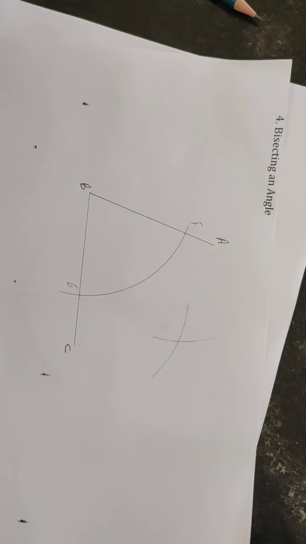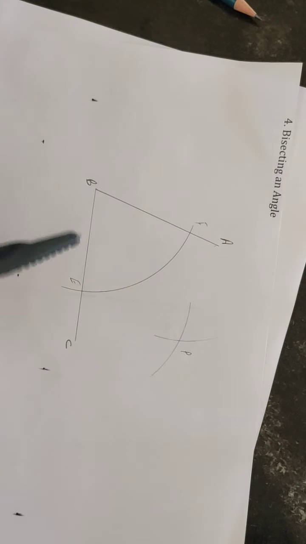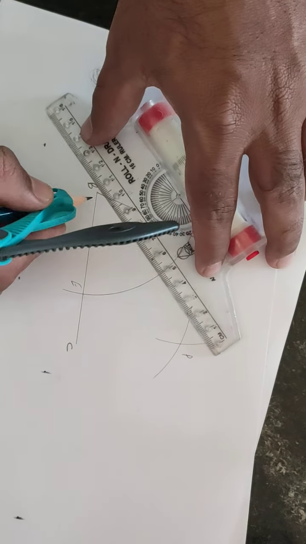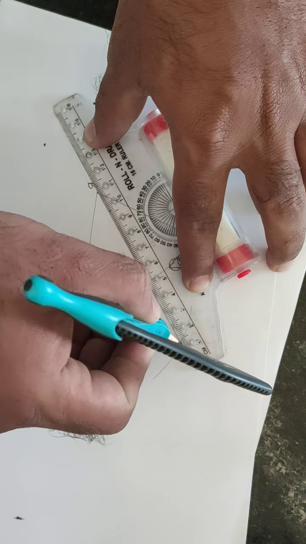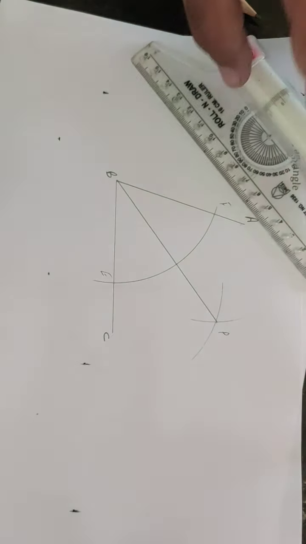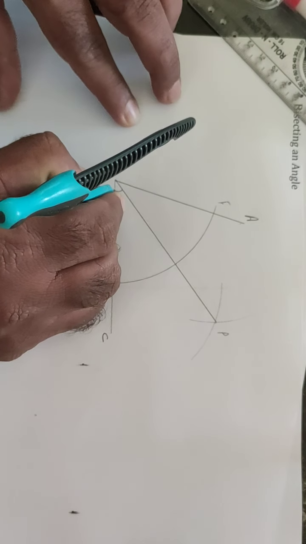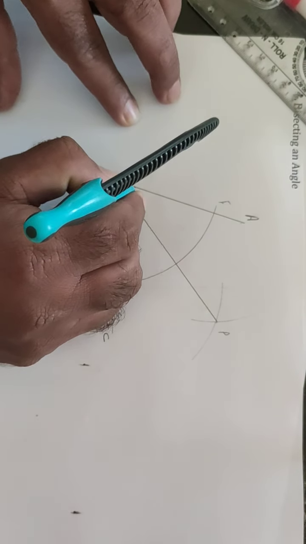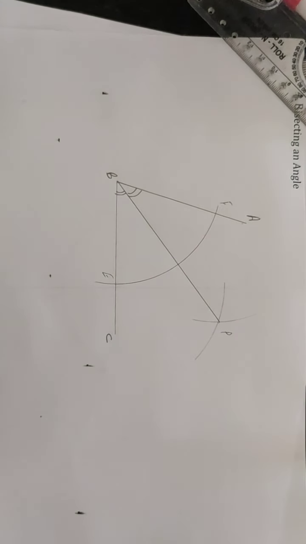We get a point. Suppose that point is P. We can use any nomenclature. Draw a line from point P to point B, like this. Now if you measure the angles, these two angles are the same. That is, we divided the angle ABC in two equal parts.